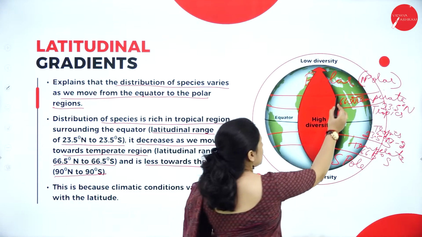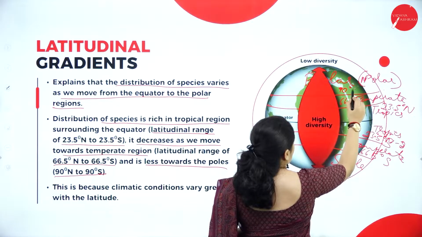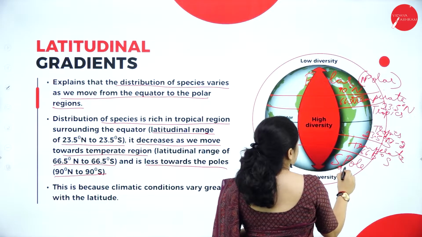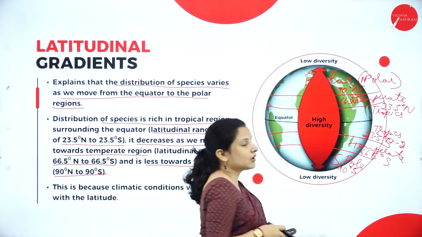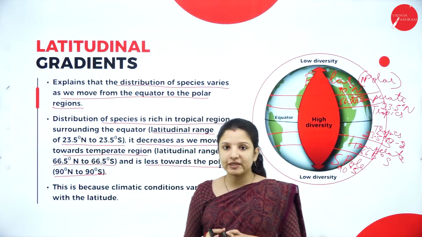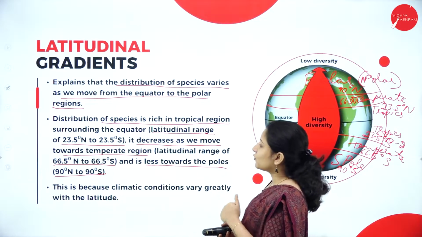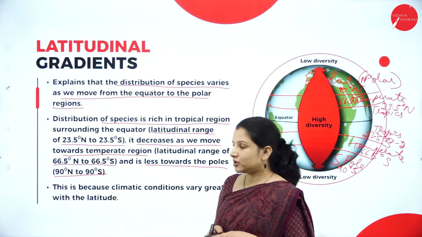In the polar region, the species distribution is very minimal. So, this is what is said in the latitudinal gradient.